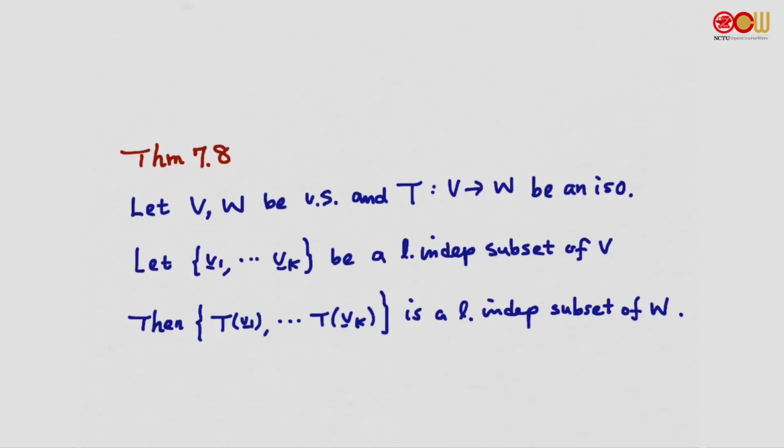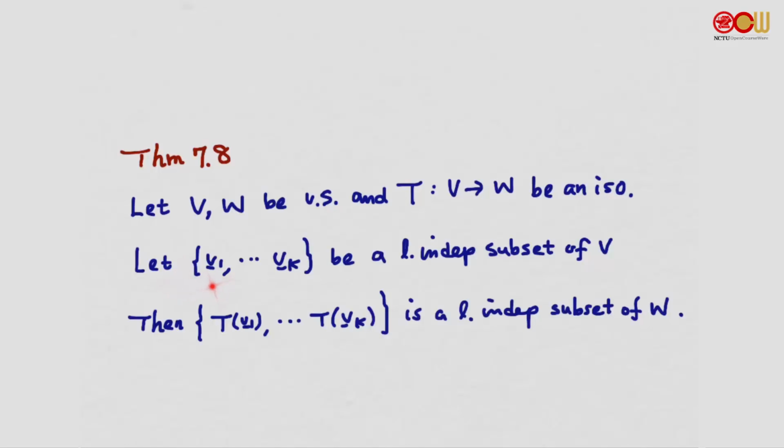Theorem 7.8 has a result that's very similar to what we had before, only that before, what we had was the result for Rn. Here it's vector spaces. Suppose V and W are vector spaces, and T is a mapping from V to W, and T is an isomorphism.